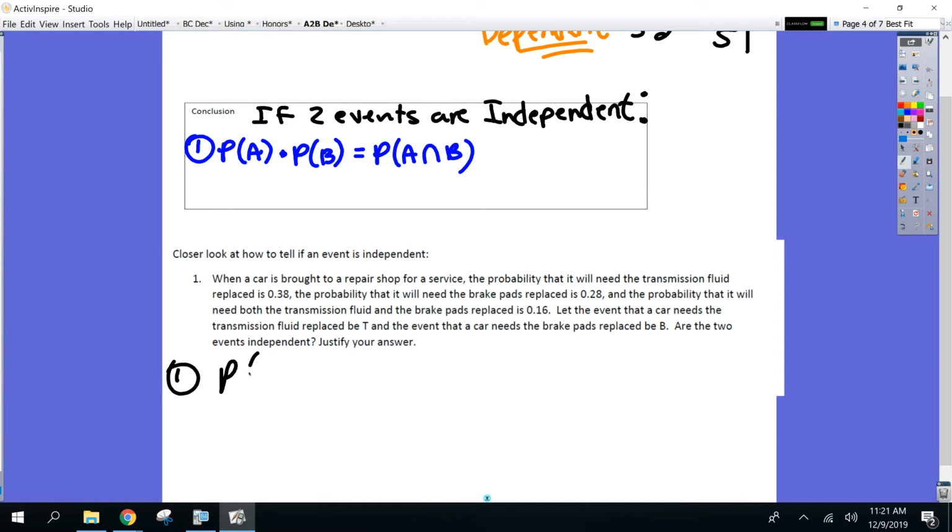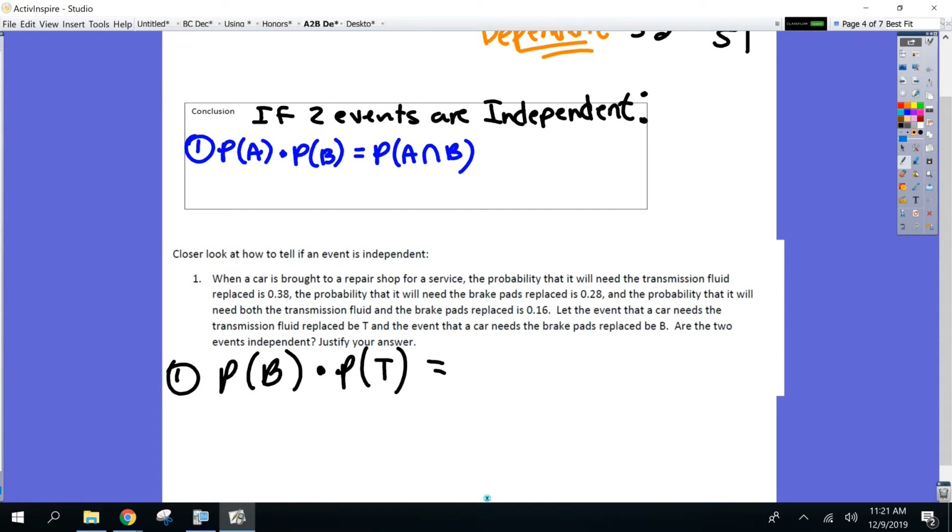So is the probability of brake pads times, what's the other one I'm testing with it? We'll call that T. That should be equal to what if they are independent?